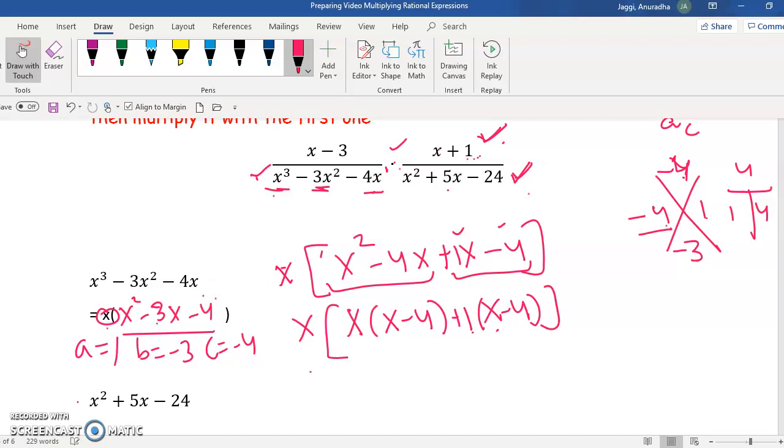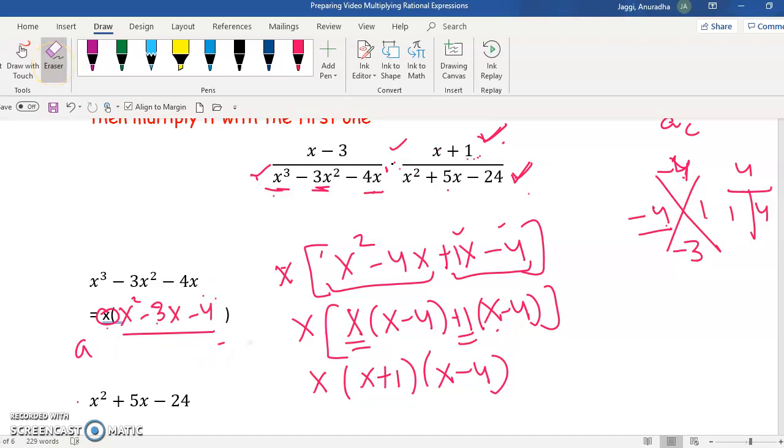Okay, so you write down the final factors now, x times x plus 1 times x minus 4. Okay, so I'm going to just copy those factors here. So this trinomial is written as a product of x times x plus 1 times x minus 4.